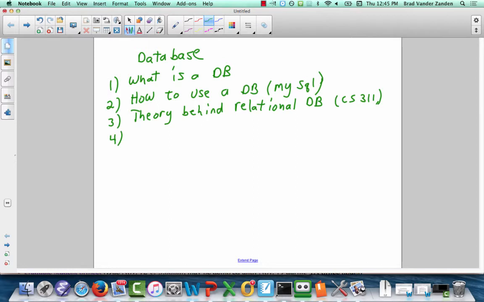Then we talk about the design of databases, both at the data level and at the physical level. So there is, we'll call it, the logical design of DBs, so how you put one together, how you structure the data.